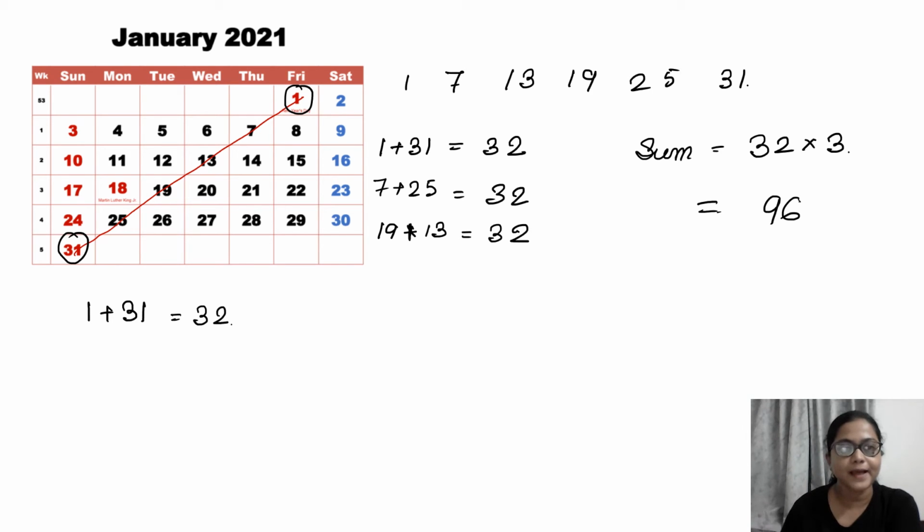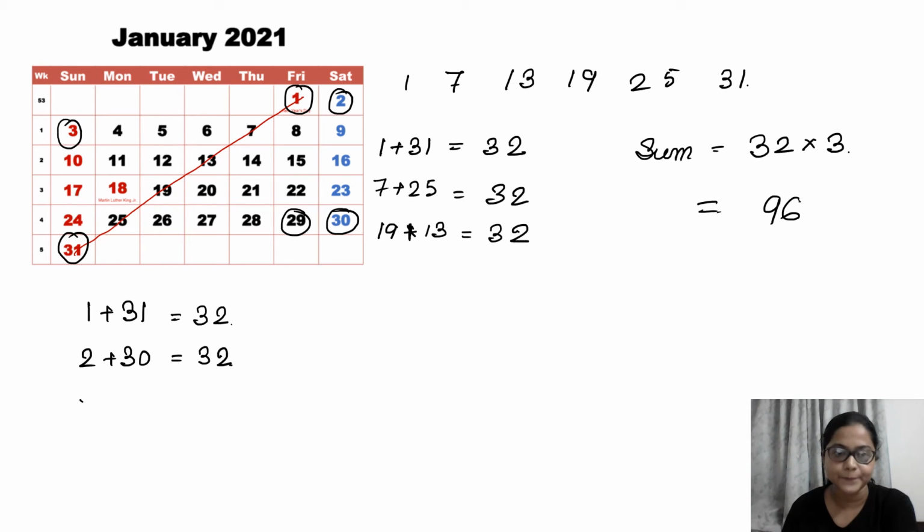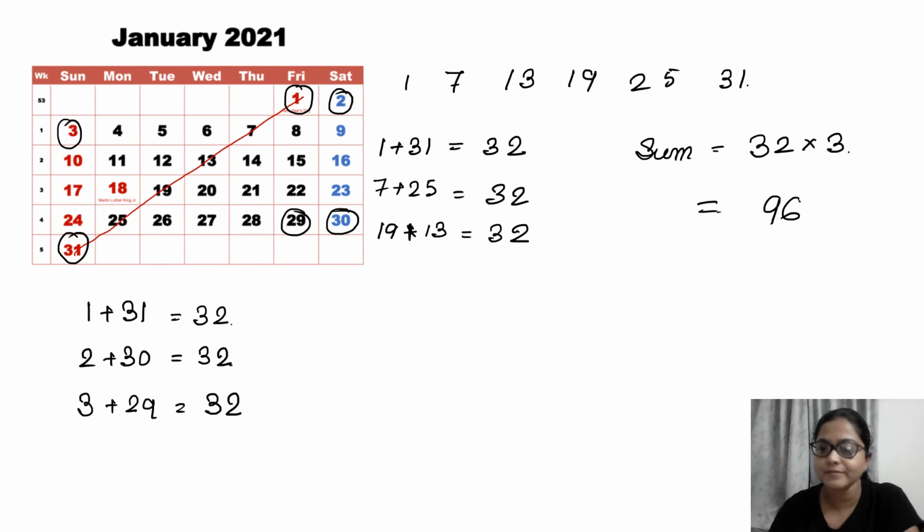Again, 2 plus the second last number, 30, gives 32. And 29 plus 3 gives the same sum, 32.